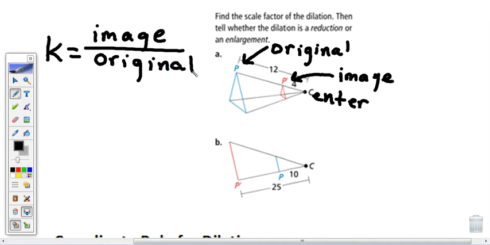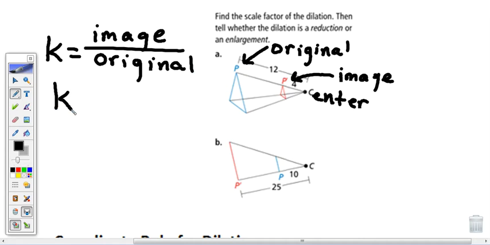So help me out, kids. From the center to P prime, what distance is that? Do you agree that 4 corresponds to this distance of 12 right here? If the blue triangle is the original and the red triangle is the image, is this a reduction or enlargement? Reduction. So how do you find that scale factor? Well, you plug in your values.